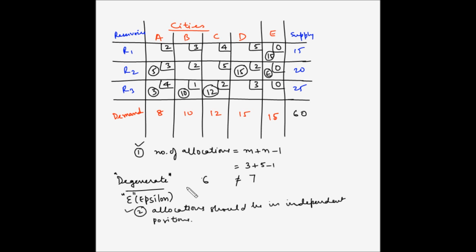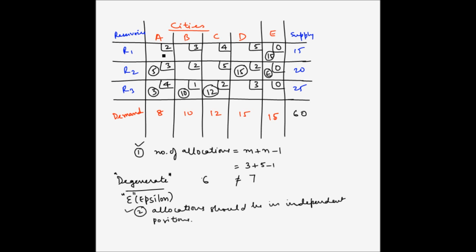Now the basic fundamental of the optimality test is that we have to evaluate each and every water square, that is the squares without any allocations, to find out if an allocation was made to those water squares, would there be any possible reduction in the total transportation cost.